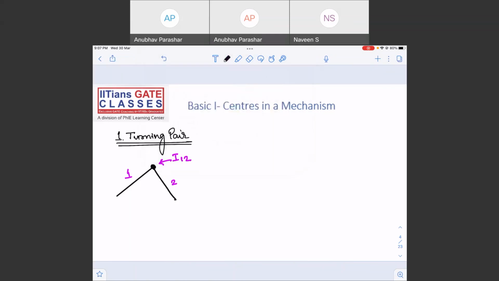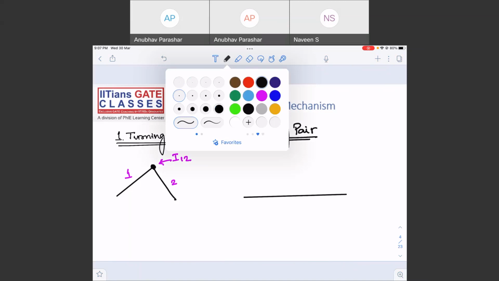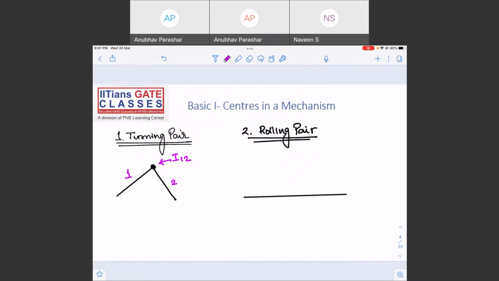What about a rolling pair? Let me consider a rolling pair. Suppose there is a sphere, or let me say a cylinder, whatever, sphere or cylinder, rolling on the ground. So where will be the I center?